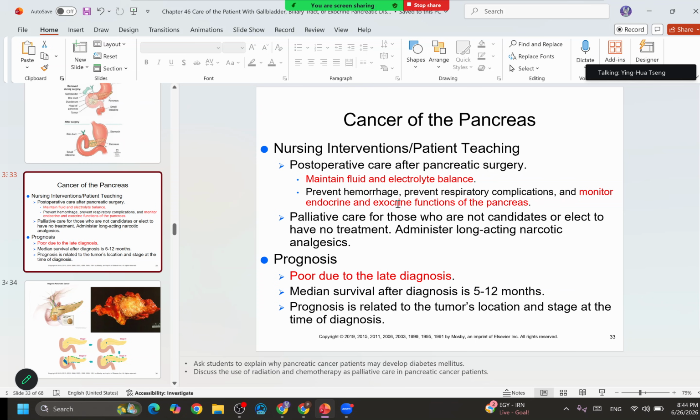The patient needs to take the enzyme with the food together. All right, you copy this information, you write it down. Patient will need insulin for the endocrine problem. The exocrine patient will need an enzyme because the food they eat cannot be broken down anymore. So when they're eating the food, they will take an enzyme together.